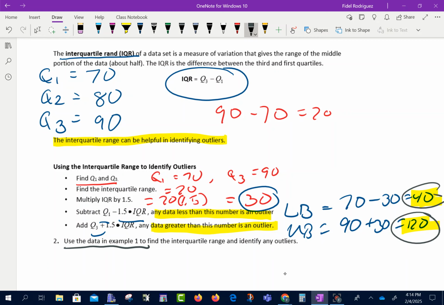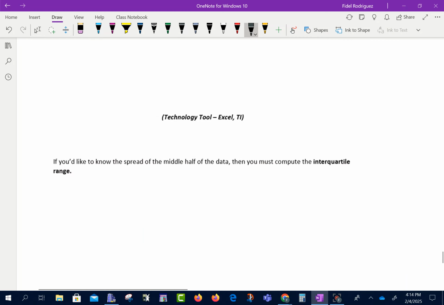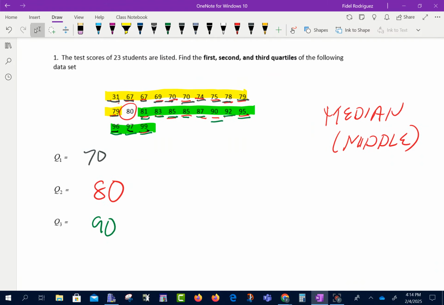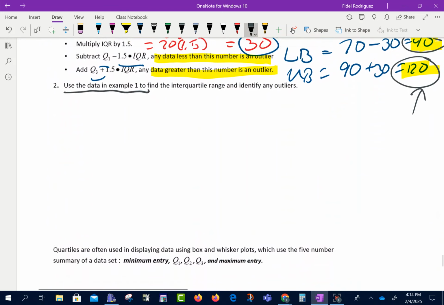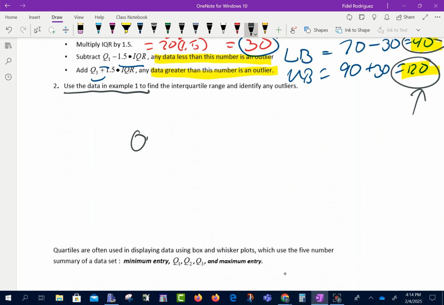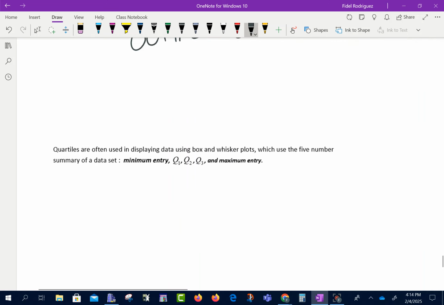Do we have anybody who scored less than a 40 or more than 120? If I come back over here, anybody less than a 40, the 31. Nobody made more than 120. So the only outlier we have, y'all, was 31. Now, we're going to have something called a box and whisker plot.